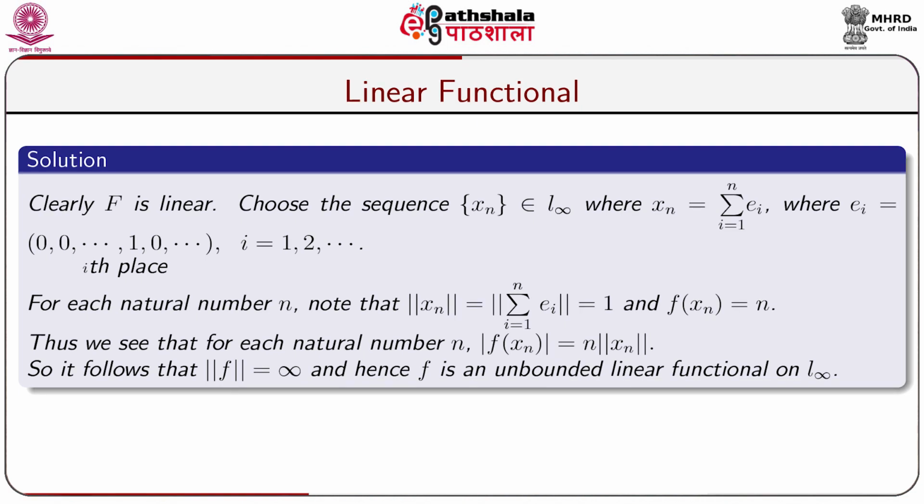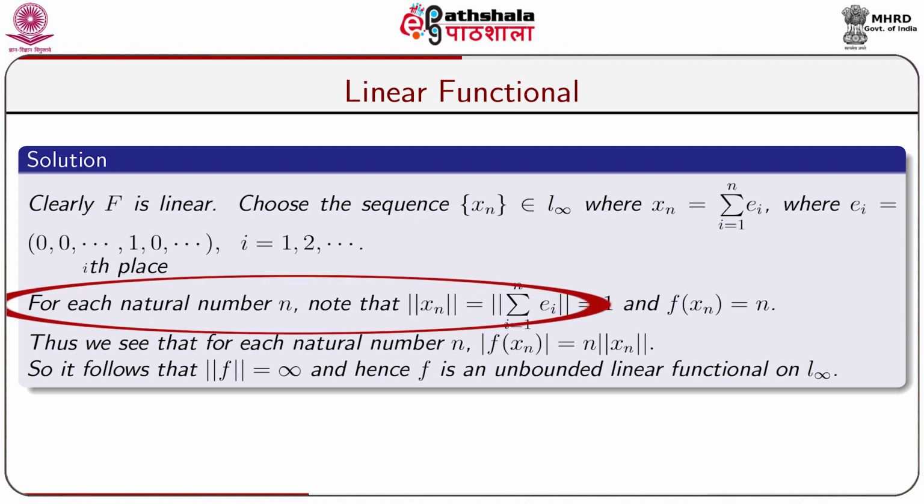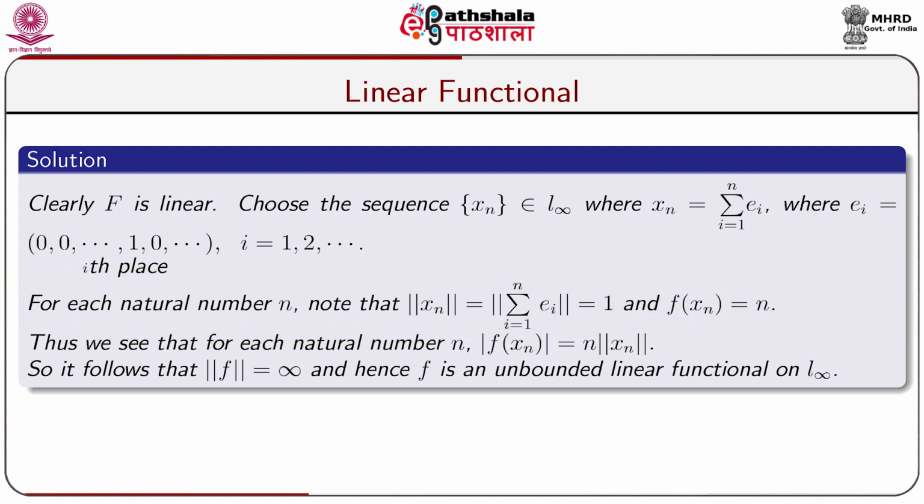Now, the solution looks like this. Clearly, f is linear. Choose the sequence xn, an element of l infinity, where xn is equal to the sum from i equal to 1 to n of ei, where ei is equal to (0, 0, 0, 1, 0, ...), where 1 is taken in the ith place and i equal to 1, 2 and so on. For each natural number n, note that norm of xn is equal to norm of the sum from i equal to 1 to n of ei, which is equal to 1 by calculation, and f(xn) is equal to n.